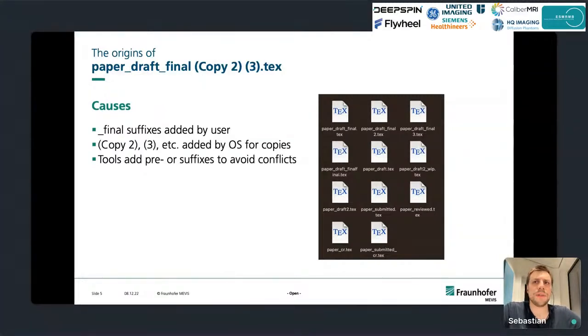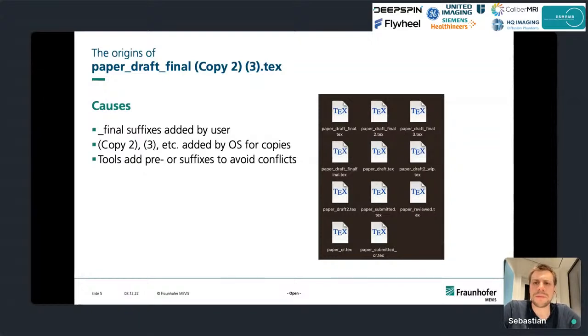And sometimes tools simply add some prefixes or suffixes. So for example, if you ever used Dropbox to work together with your colleagues, and some of you were editing the same file, Dropbox will happily create a copy of the file to simply avoid certain conflicts. Because if I change something in my Word document and you change something in yours, then we might have a conflict and we can't resolve that.